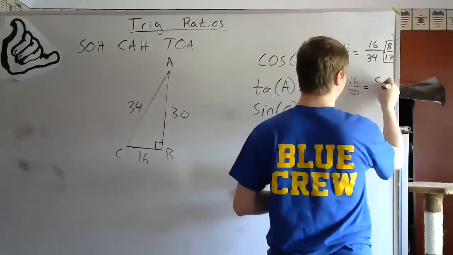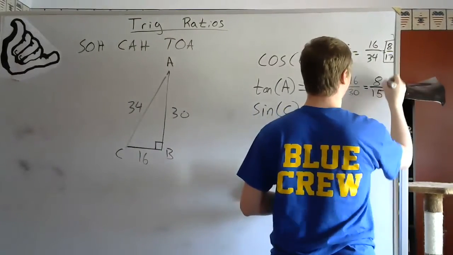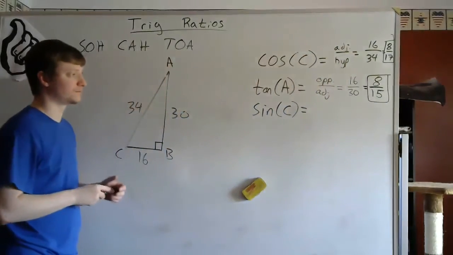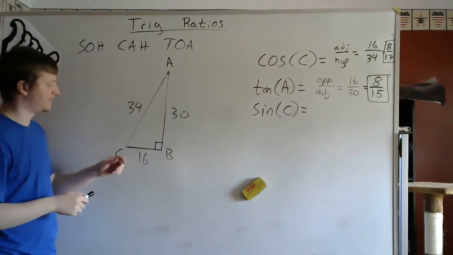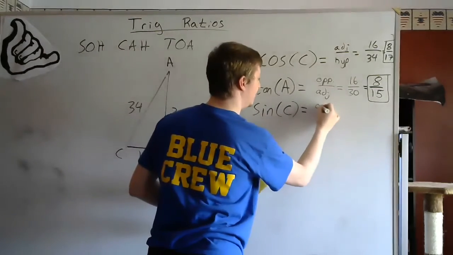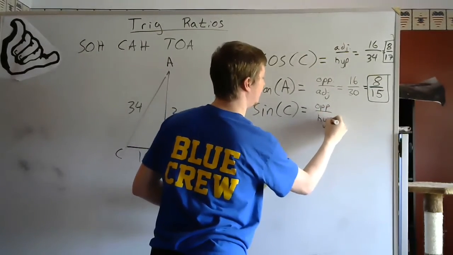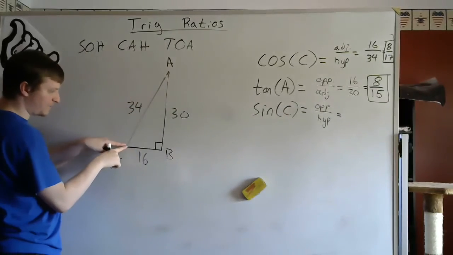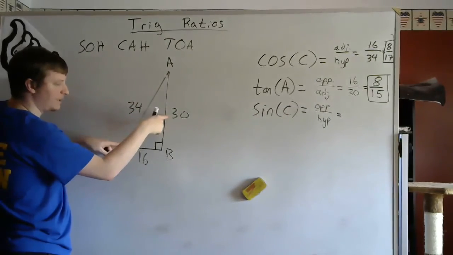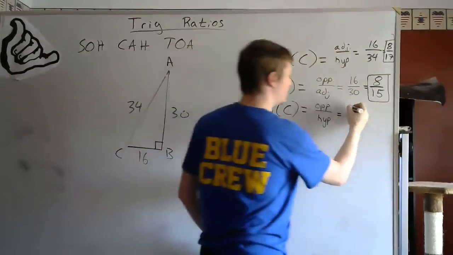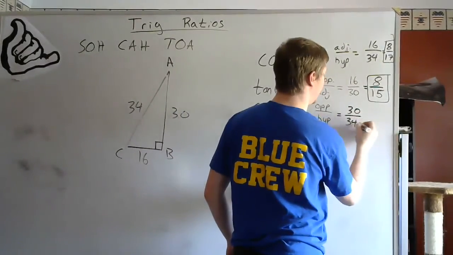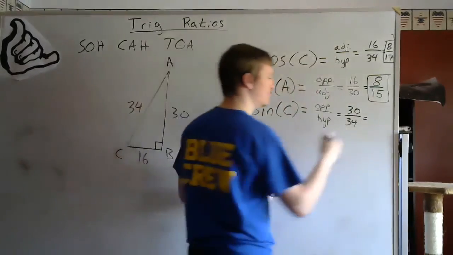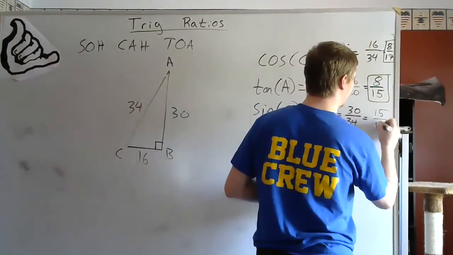We've got 8/15 for the tangent of A. And last one, sine of C. Sine is opposite over hypotenuse. And I'm looking at angle C this time. So C opposite 30, hypotenuse 34. So 30/34. For these two, again, looks like just 2. So we've got 15/17.